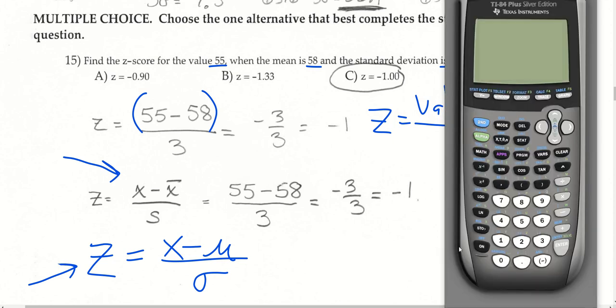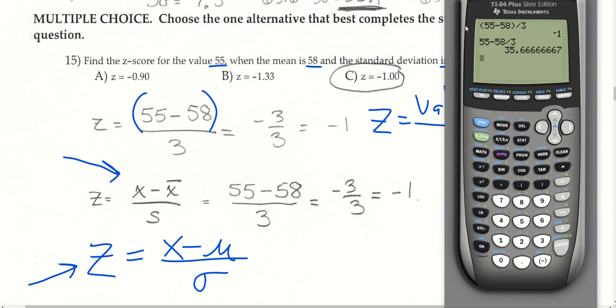If you enter this into the calculator, make sure you put parentheses around that numerator. So it would look like this: open parenthesis 55 minus 58 close parenthesis divided by 3. If I don't put that parenthesis there, it's going to come out wrong, because the calculator will divide the 58 by 3 and then take that answer away from 55.